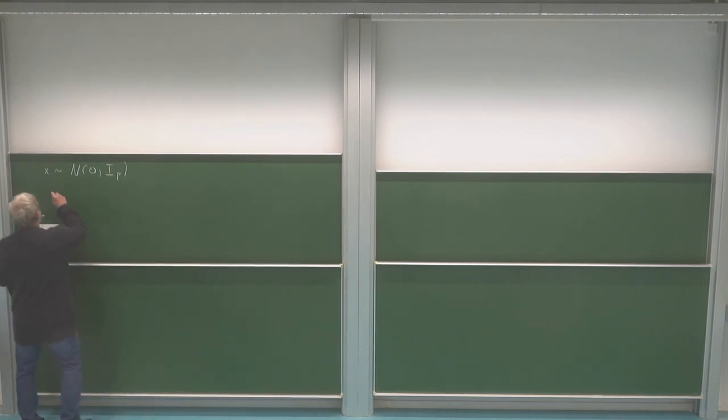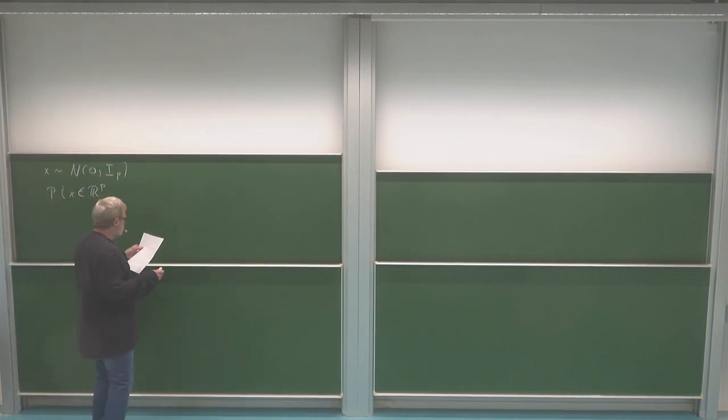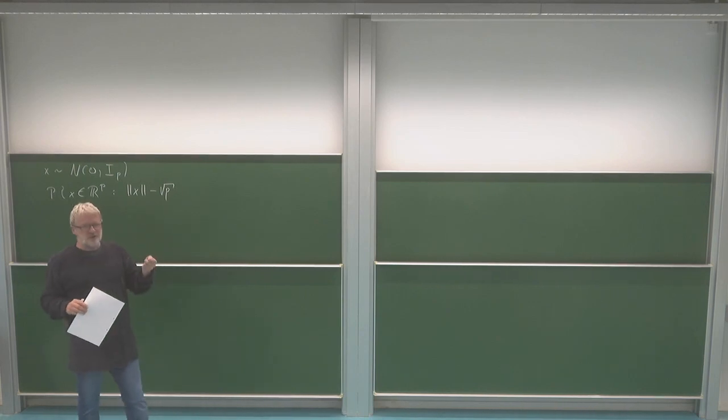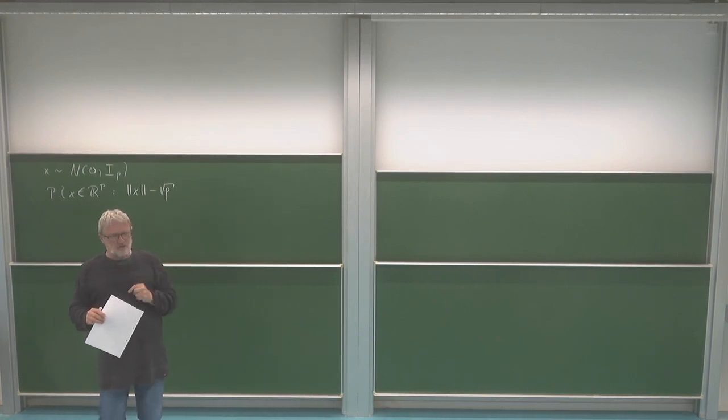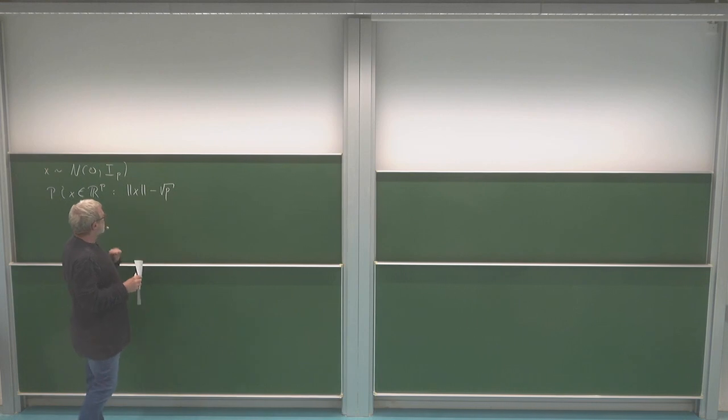So what we want to show is that the probability, measured with this distribution, of those vectors in R to the p for which the norm has a small distance to the expectation value... Okay, the square of the norm has the expectation value p, so the norm itself should be close to the square root of p.